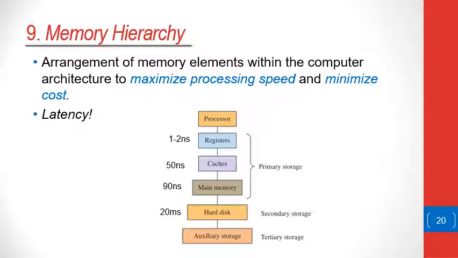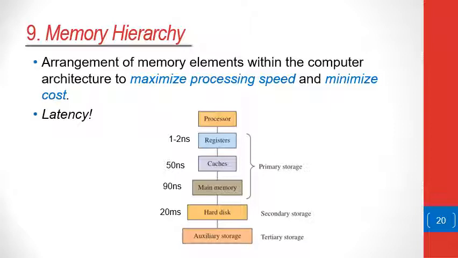So we have earlier established that within a computer system, the memory elements are arranged in the form of a memory hierarchy. And the purpose of this hierarchy is to maximize the processing speed of the whole computer system in general, and to minimize the cost. Processing speed, how? Well, you want to have the fastest possible memory storing so that you can access it frequently.